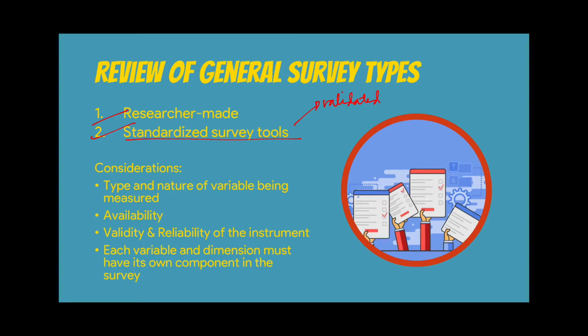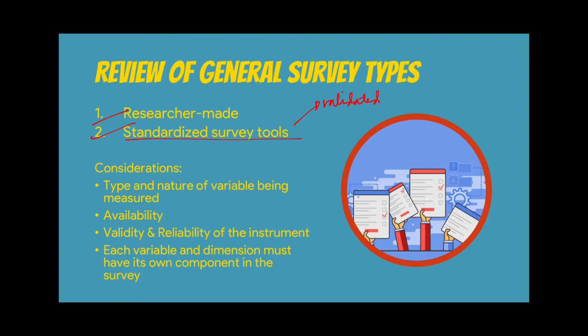So, in social research, wherein the variables that we are measuring are not biological or physical components or functions of the body, and we're looking at more social and psychological variables, we do not have such devices. The devices that we use to measure our variables are usually surveys.